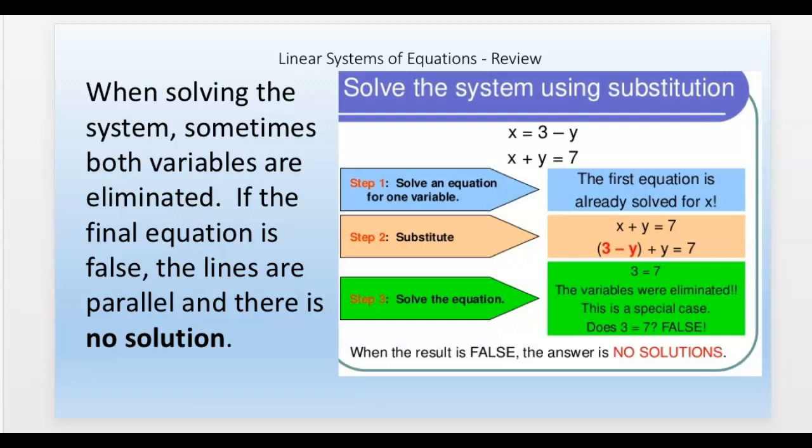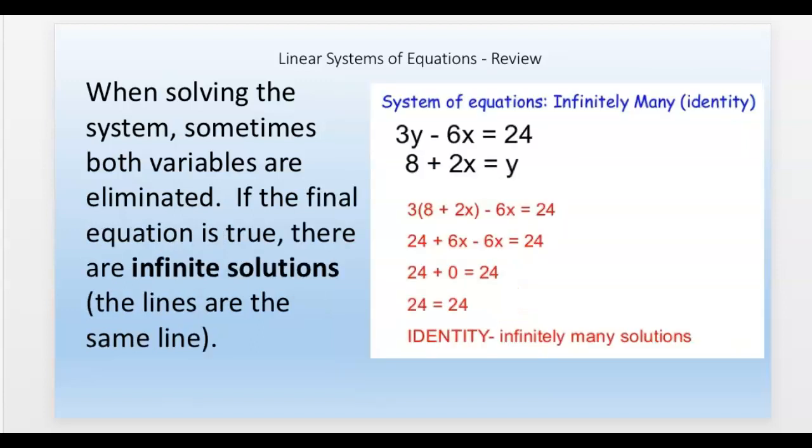The lines are parallel. And again, if both variables are eliminated and that final equation is true, then there are infinite solutions. The lines are the same. In this example, you get to the end and it says 24 equals 24. That's true. They're the same line.